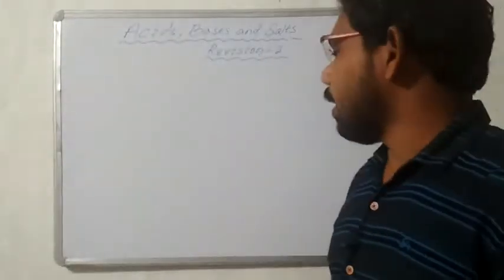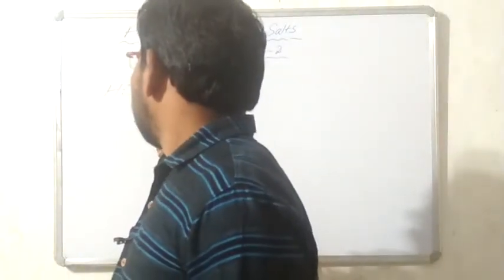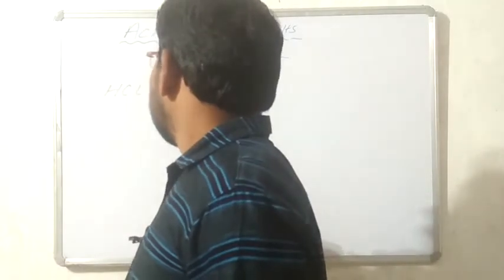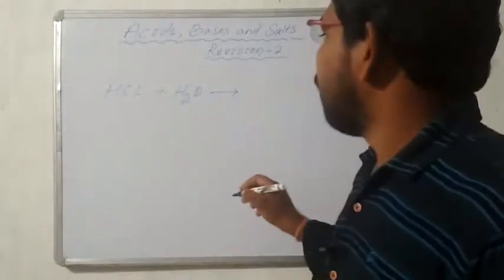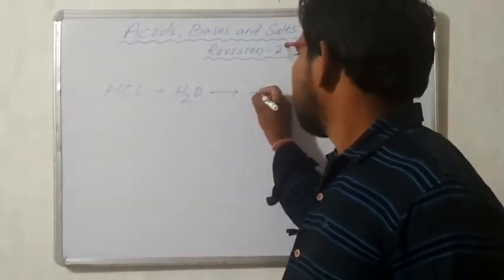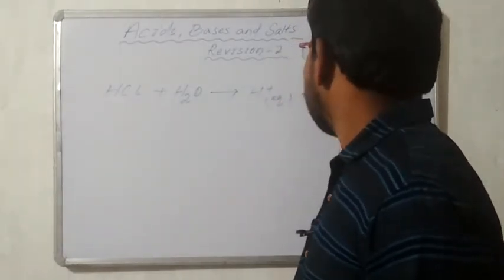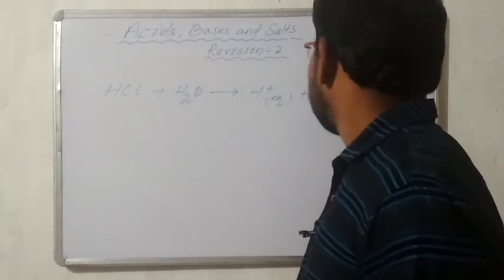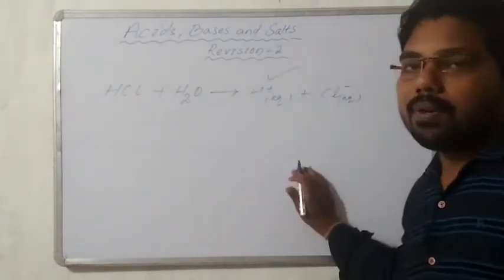First, acids like HCl. These HCl dissociate in water and produce H plus ions (aq) plus Cl minus (aq). These H plus ions are unstable.